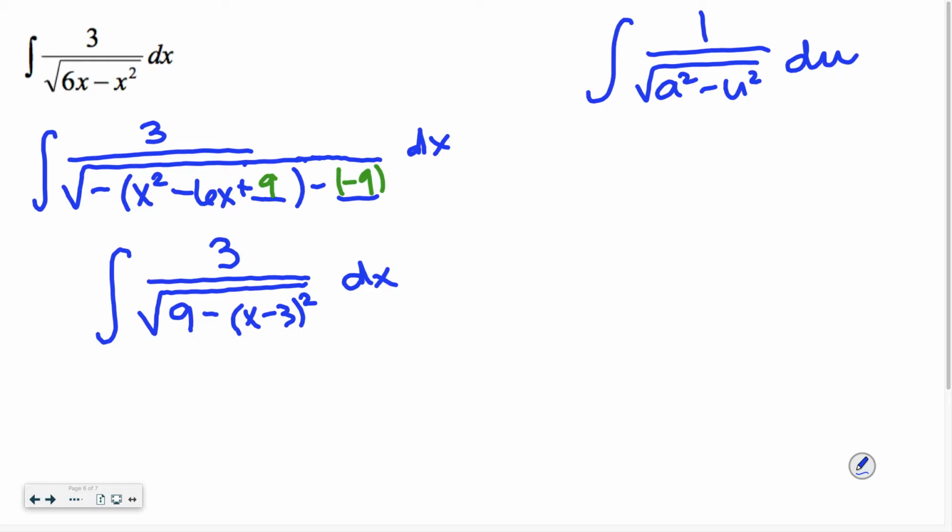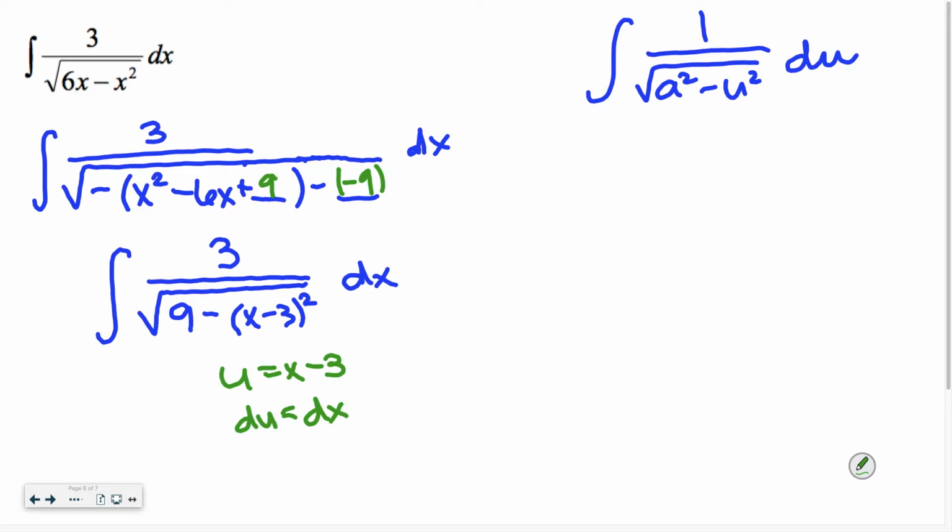Now we have our arc sine rule. If we let u equal x minus 3, then du is just dx. Are we all okay with that? I'm not going to go through the u substitution because we don't have to account for any of the chain rule action.